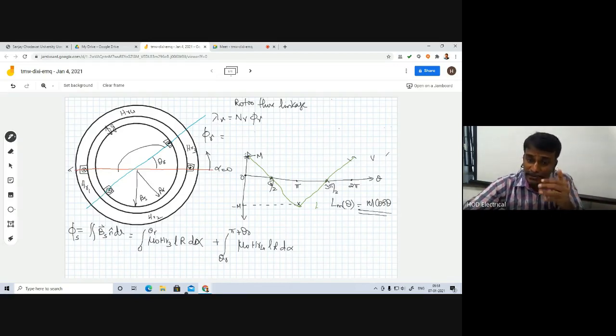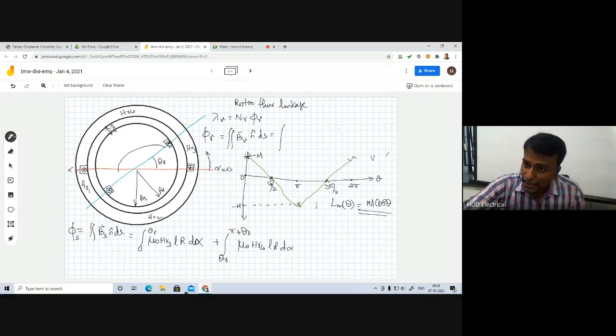How much flux is entering the surface area or leaving the surface area is very important. Then phi r, I can write as the surface integral of B in the rotor into n cap into ds. How can I write it here now?